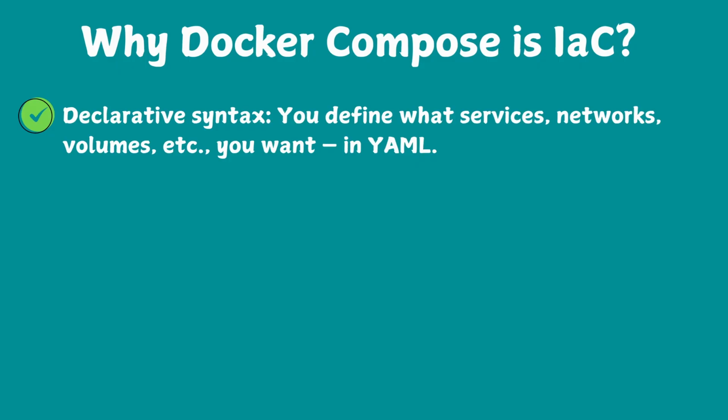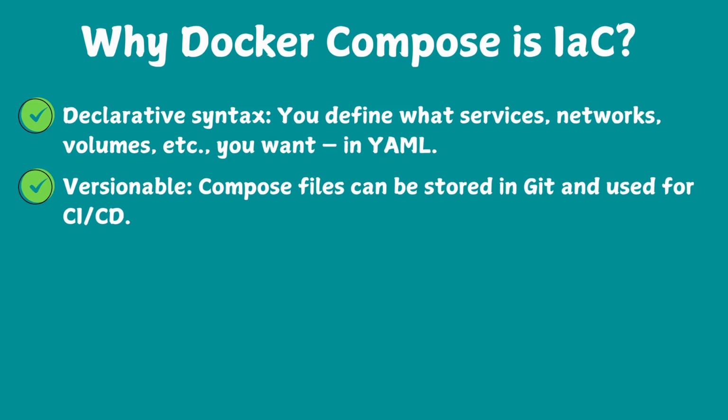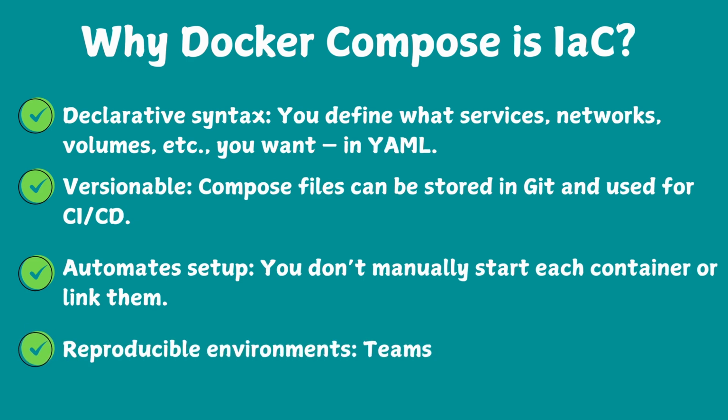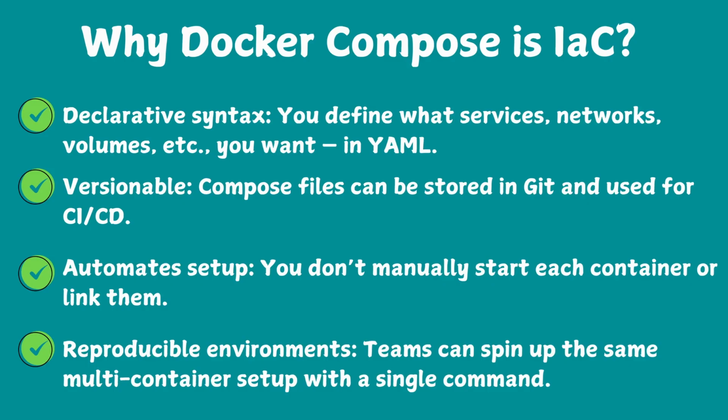And since you'll be writing everything into a YAML file, you can do everything that you can do with code, like version control it, make changes and just run the command. You don't have to manually bring up the infrastructure. It is quite declarative, easy to read, and perfect to manage multi-container apps.